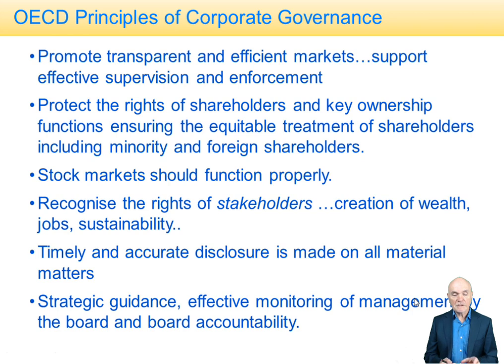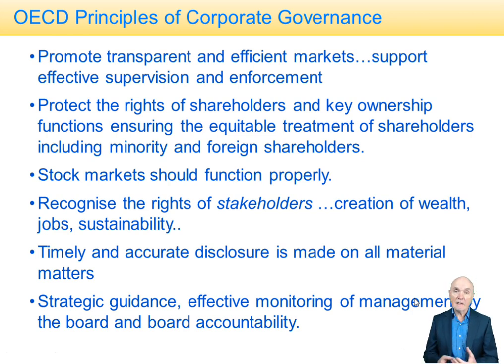Now, the Organization of Economic Cooperation and Development, that's the OECD, that's a kind of global organization, has got some high-level principles that it would like to see applied to corporate governance. And what happens then is that different countries have their own ways of trying to realize these principles, to see that these principles are actually going to be working within their jurisdiction.